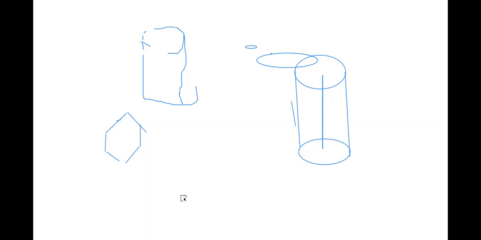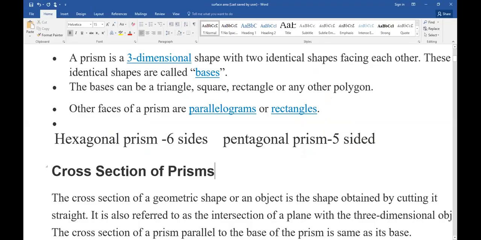I have not drawn it properly. So actually, instead of drawing it here, let me draw it here. I think it's going to bring a better shape when I draw it here.